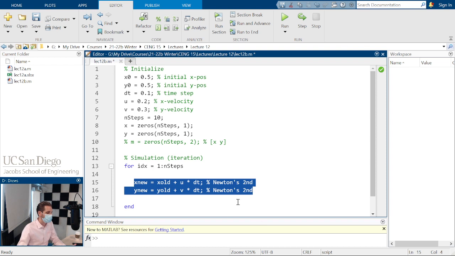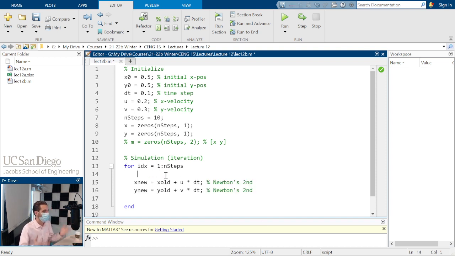So we keep Newton's second law written out just the way that we did by hand. That means we would have to define the old x and the old y before we do that calculation. So we would say something like x old is equal to x of idx minus 1. The reason that we do that is because that is the same approach that we did on the random walk simulations, where we say get the previous value by looking at whatever row we're at right now that we're indexing, but minus 1, right?